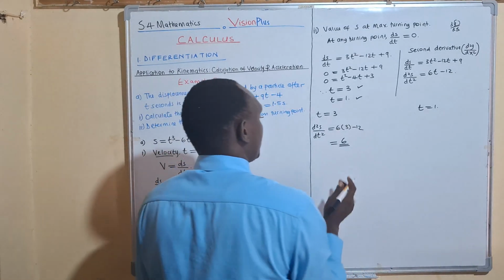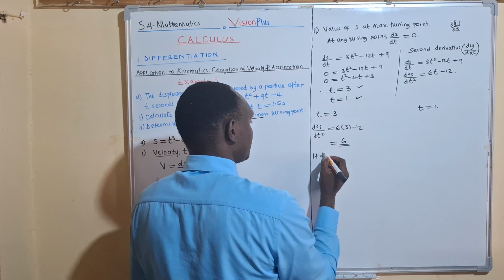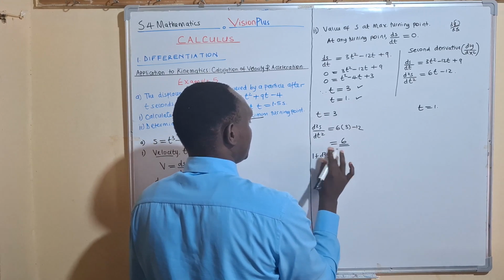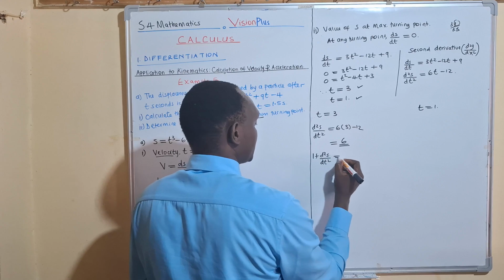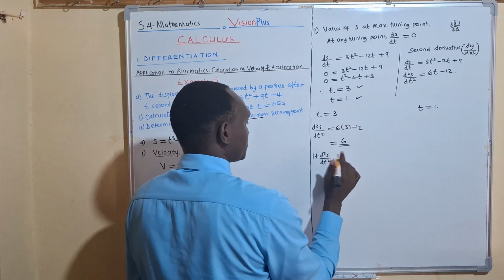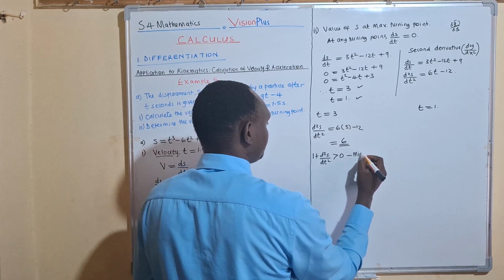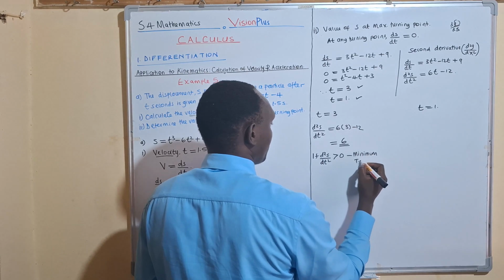What does it mean? It means that if the value of the second derivative, d squared s/dt squared, is positive, it means it is more than 0, and we say it is a minimum turning point.